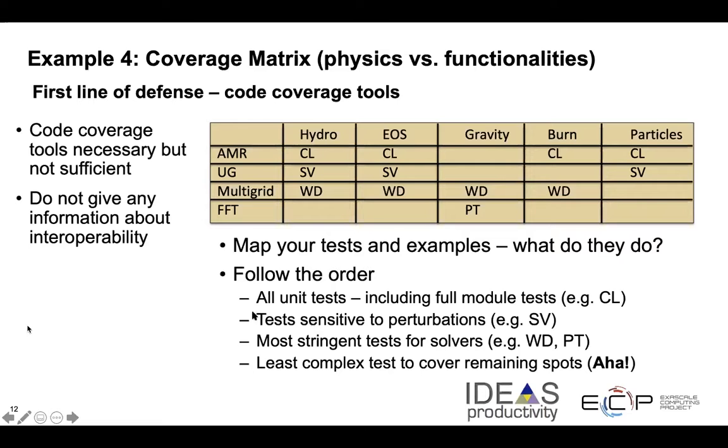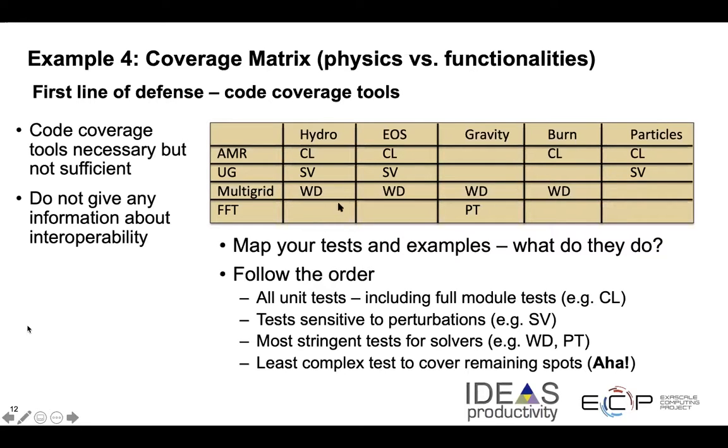Next, check the tests that are sensitive to perturbations, map which areas on the chart these correspond to. Then check the most stringent tests for the solvers, which are going to give you kind of coverage of these more difficult areas.